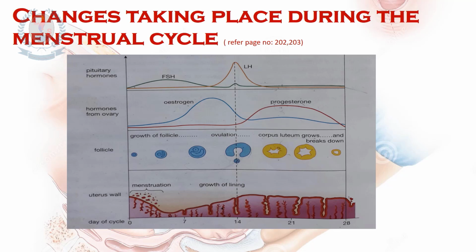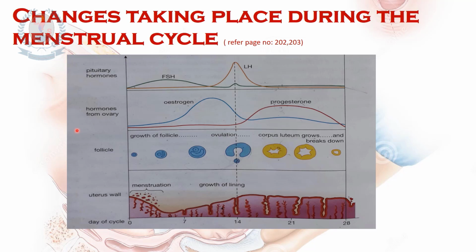That means time to time I'm explaining what happens to the uterus wall, what happens to the follicles and the nature of the follicle, whether it's increasing the level of estrogen and progesterone during this cycle, and what happens to the FSH and LH levels. So let's start.